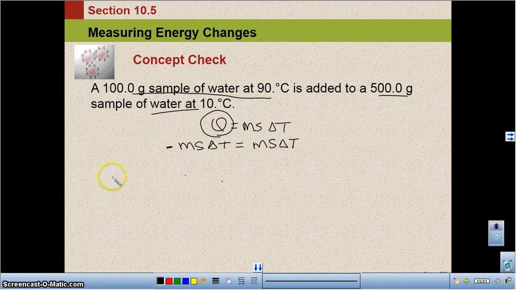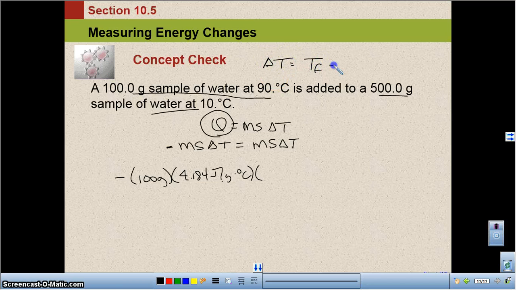So let's go ahead and fill this in real quick. And we have negative, and the mass is a 100-gram sample. And our specific heat is 4.184 joules over grams times degrees Celsius. Our delta T, remember that delta T is equal to the final minus the initial temperature.